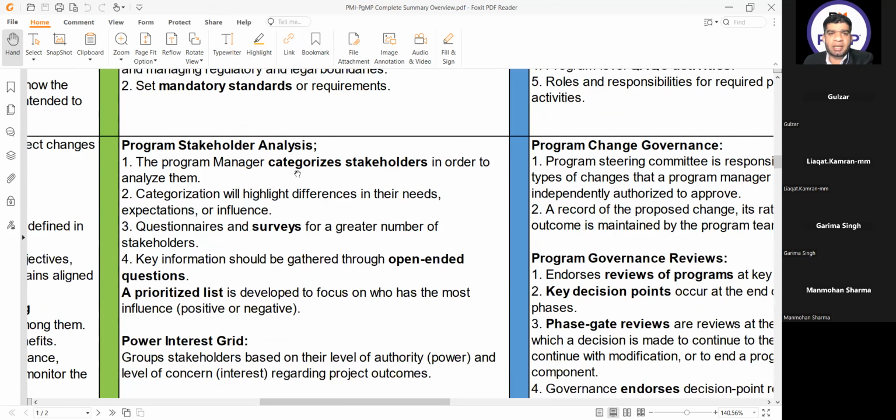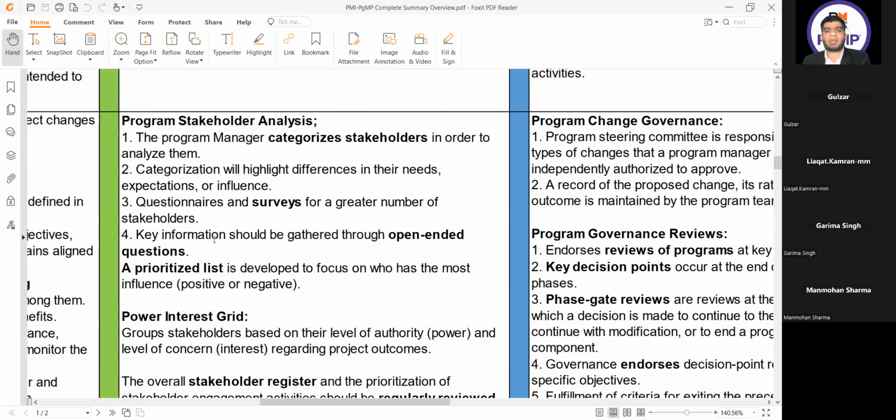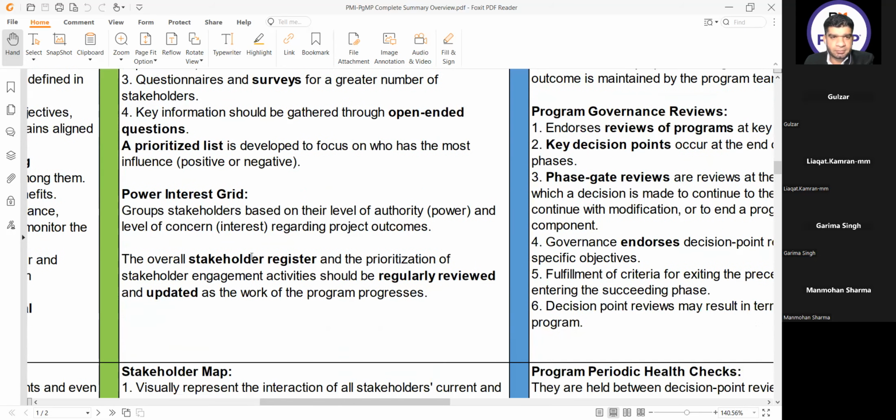The program manager categorizes stakeholders in order to analyze them. Categorization will highlight differences in their needs, expectations, or influence. Questionnaires and surveys are used for a greater number of stakeholders. Key information should be gathered through open-ended questions. A prioritized list is developed to focus on who has the most influence, either positive or negative.